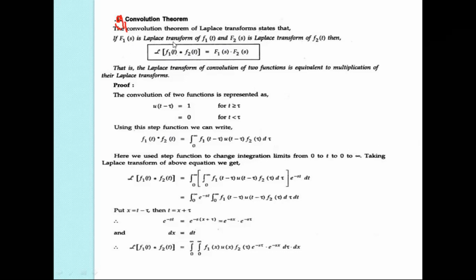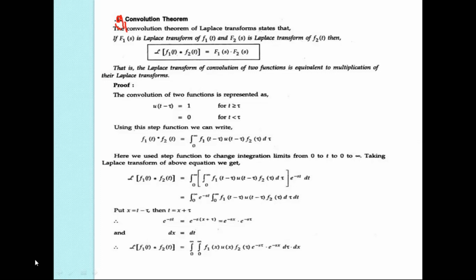So if F1 of s is the Laplace transformation of f1 of t, and F2 of s is the Laplace transformation of f2 of t, then the Laplace transformation of f1 of t convolved with f2 of t is equal to F1 of s times F2 of s.